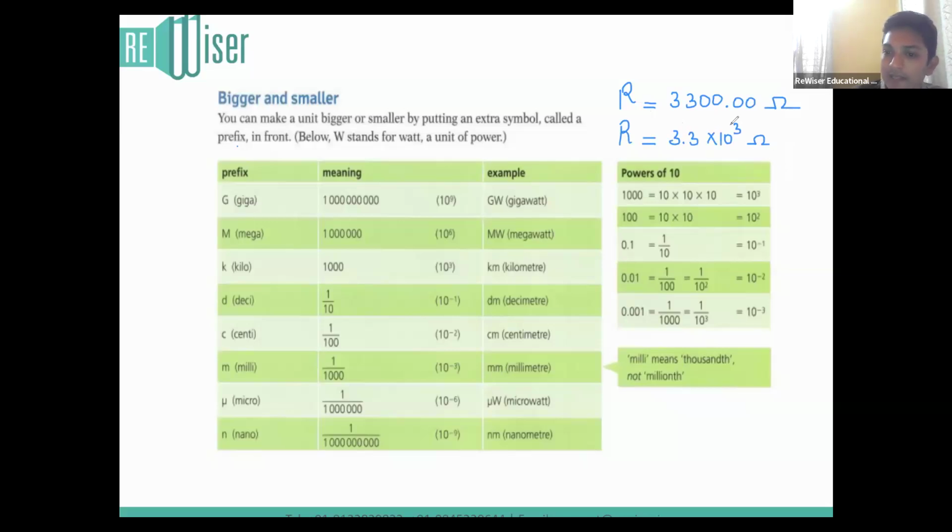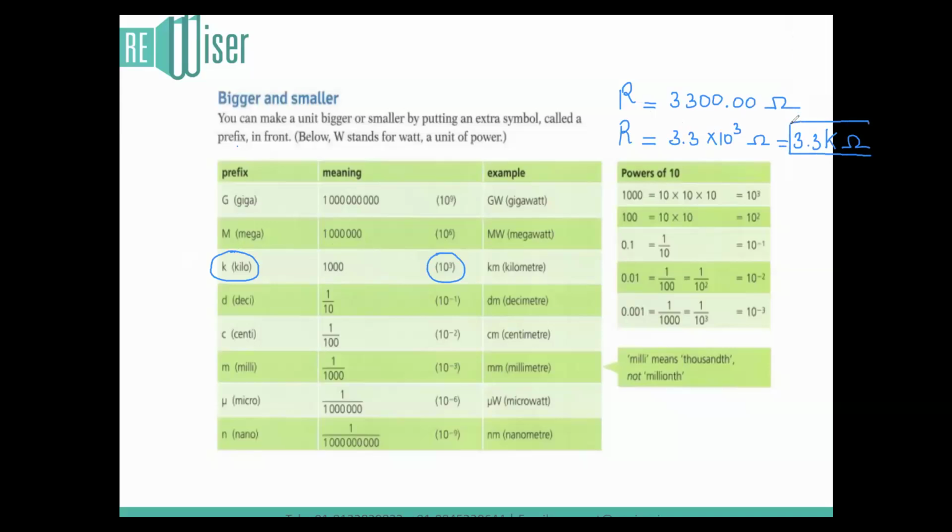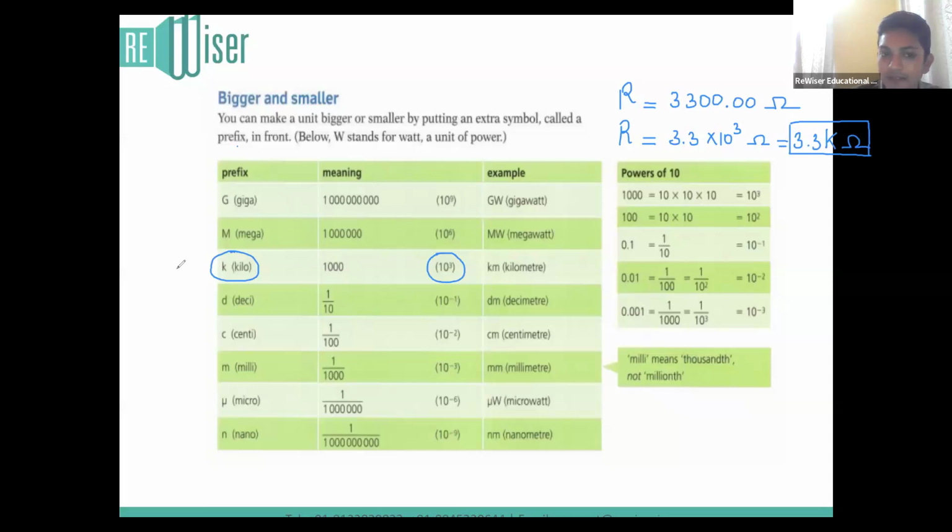Or if I replace this 10 power by a prefix, like you said, 10 power 3 is the prefix kilo, denoted by small k. I can rewrite this answer as just 3.3 kilo ohm. That's it. Scientific prefixes help me with ease of denotation of the value of a quantity, with the right unit.